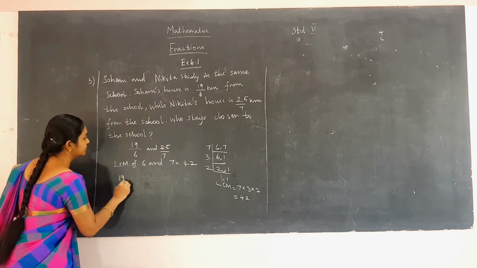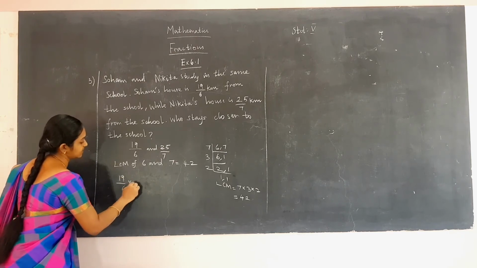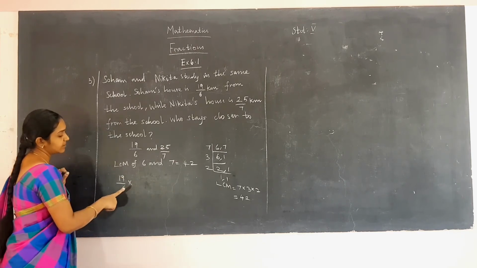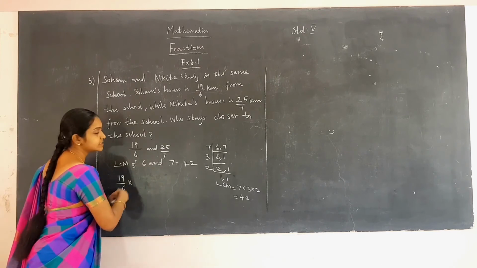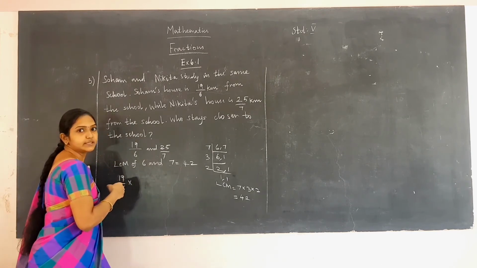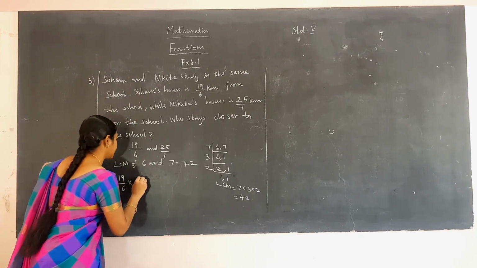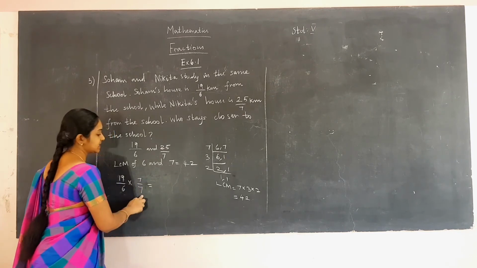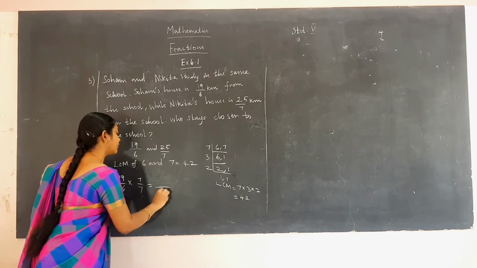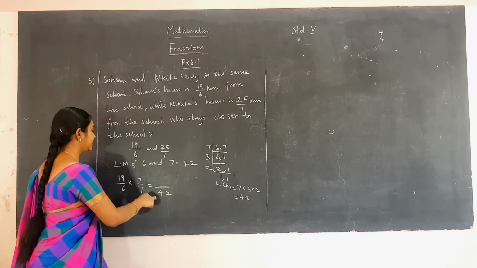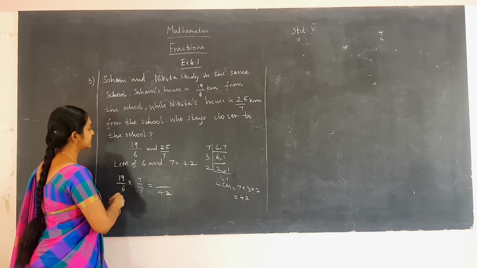Now we are going to convert 19 by 6. We have to multiply a number to 6 to get the denominator as 42. What will be that number? It will be 7. 6 sevens are 42. So 42 will be in the denominator. Now multiply 19 and 7.